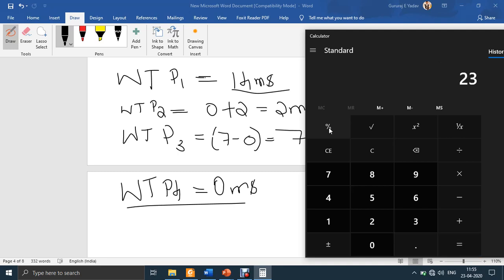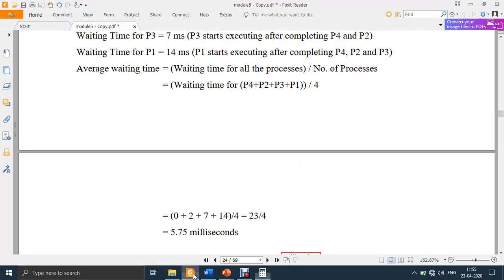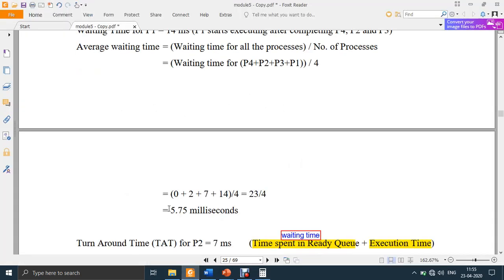The total is 23. Since it is an average, how many processes are there? 4, so it is divided by 4. It is 5.75 milliseconds. That is what we have got here also.